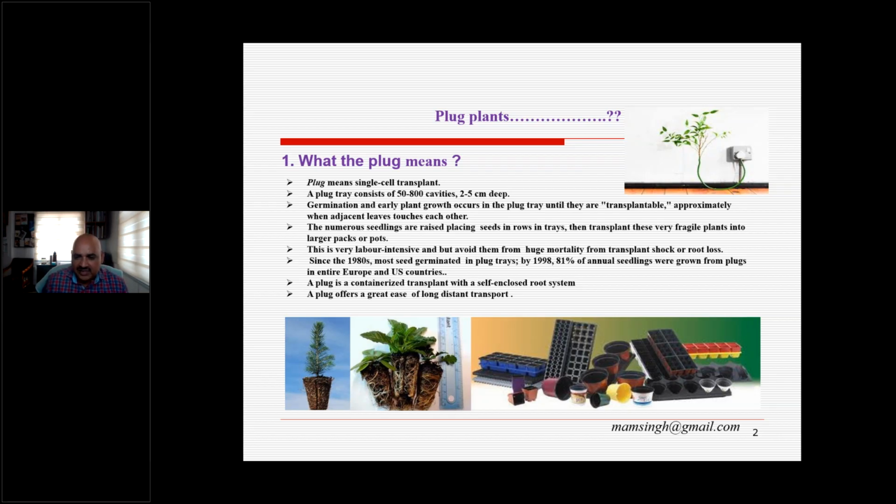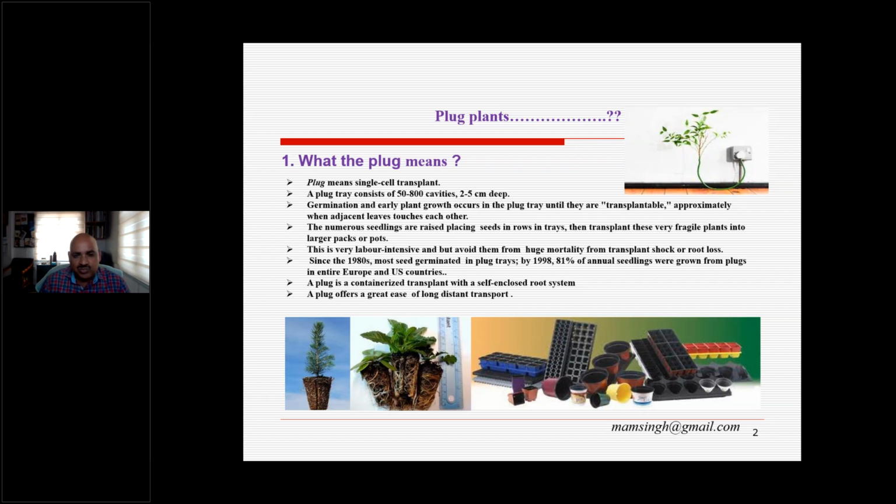These plugs are always intact in the media ball, and this medium supports not only the plant roots but also provides enough moisture during the transition, or before it is transplanted. Immediately after transplanting also, these plants continue to require the moisture which is already imbibed in the plugs.